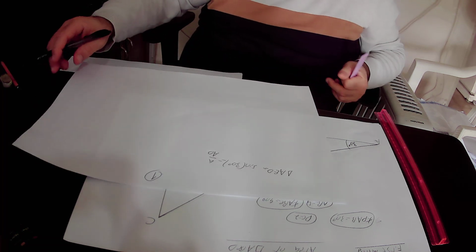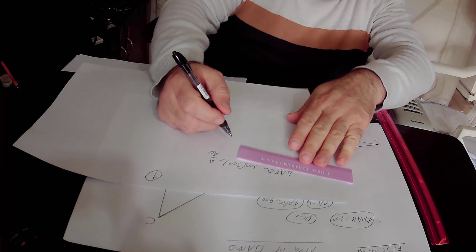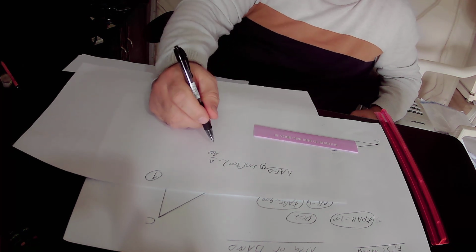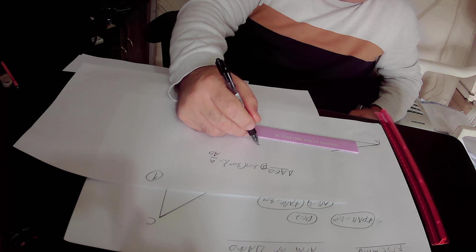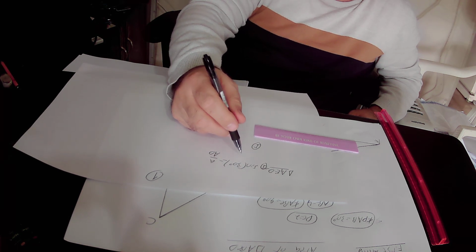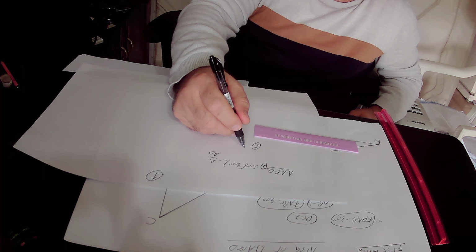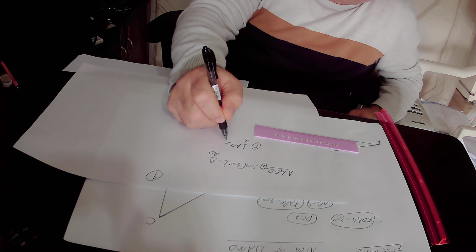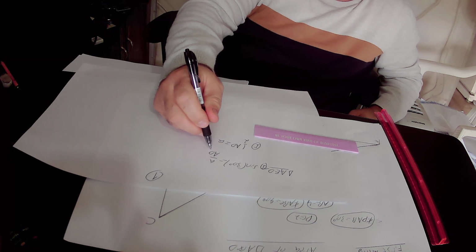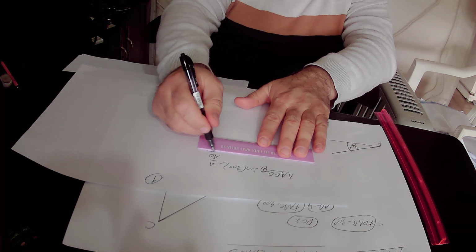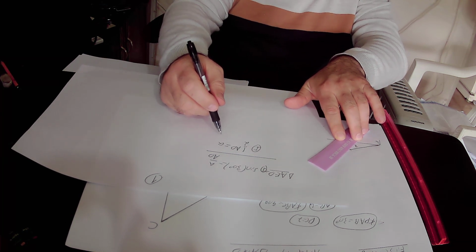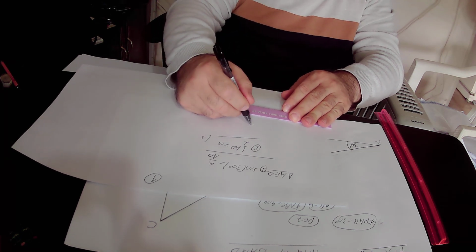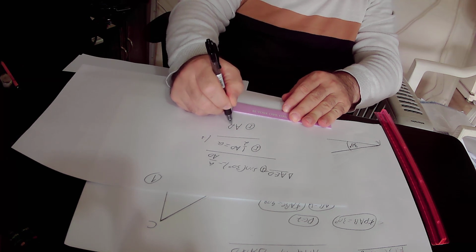We will multiply equation number 1 by AD, and we know that sine 30 degrees is equal to 1 over 2, so AD over 2 equals A. So we multiplied equation number 1 by AD, and we got that AD over 2 equals A. We will multiply by 2, and we will get that according to equation number 1, AD equals 2A.